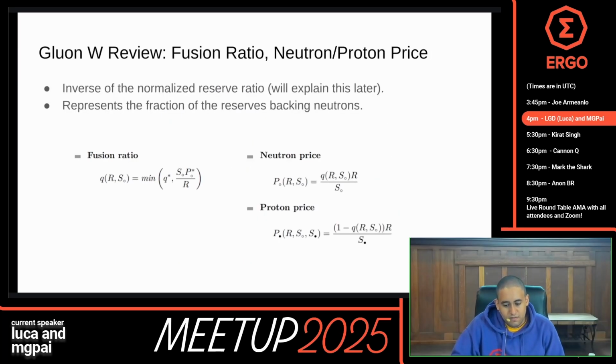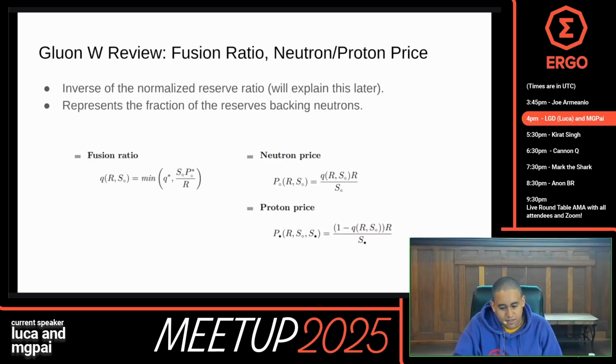And then we define the reserve ratio, which tells you the factor by which the reserves are greater than your liabilities. You can define the fusion ratio, which is just the fraction of the reserves that backs the stablecoins.